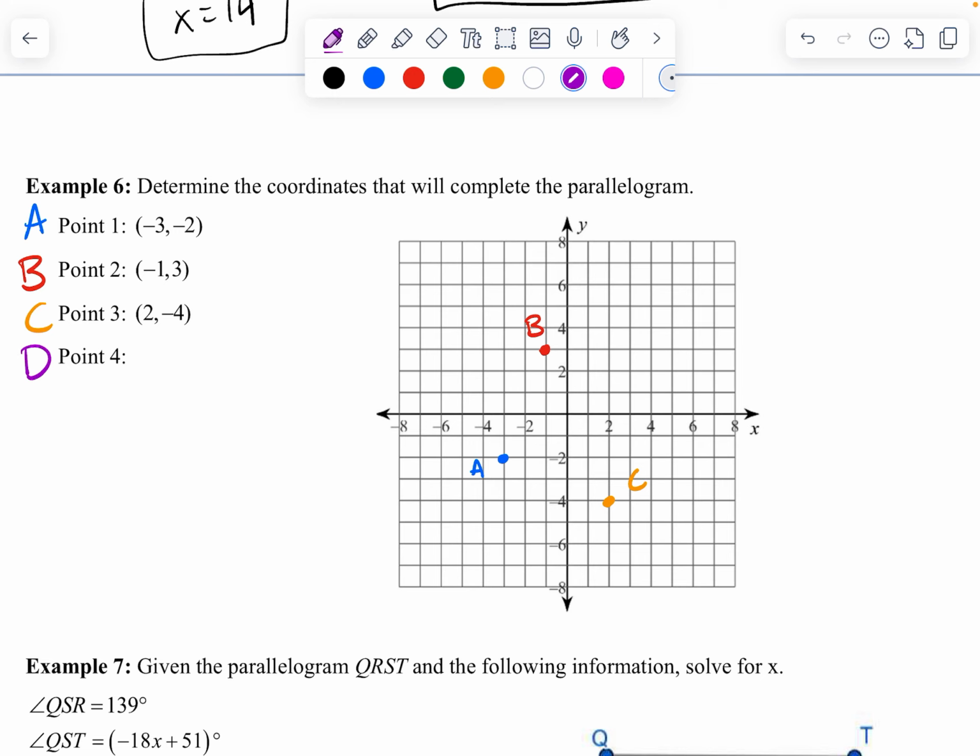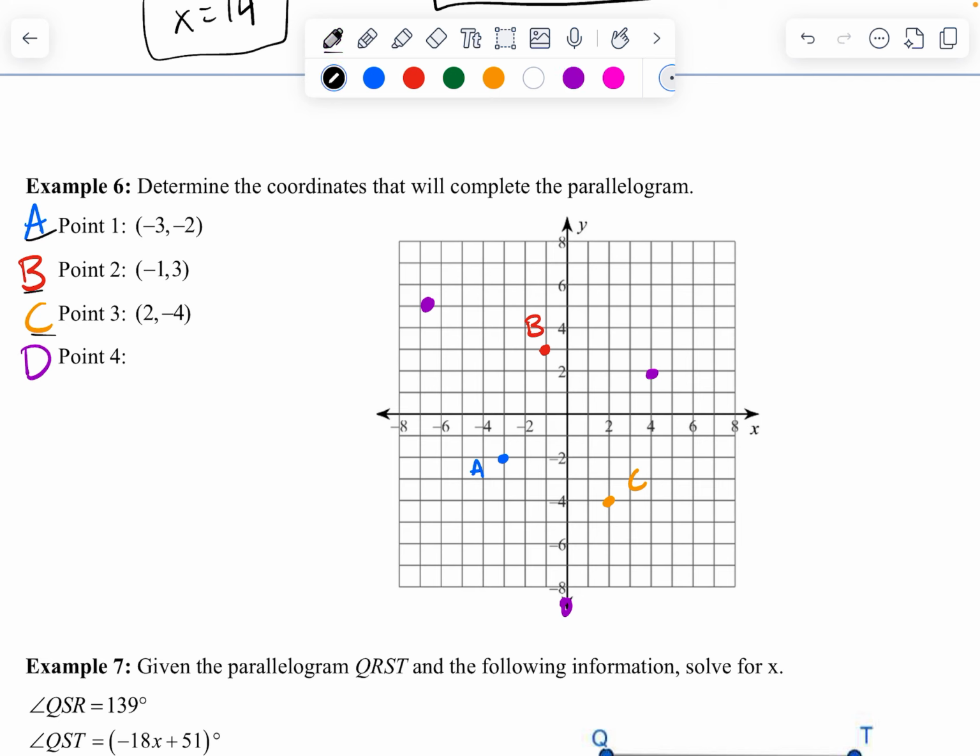Now, there's a couple places we could put it. It could be up here, all right, because that would form a parallelogram. Or your parallelogram could be around, maybe around there-ish, all right, forms another. Or you could stick it down here, right? You have a couple of options. Now, how do you know which one it is?